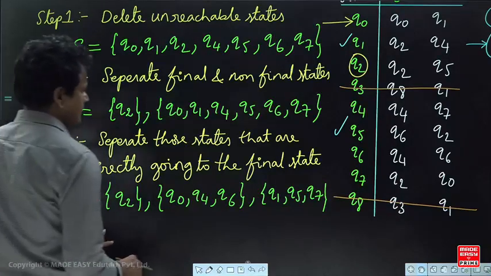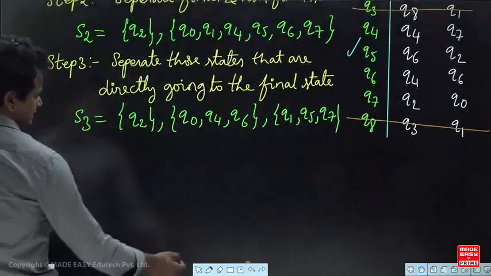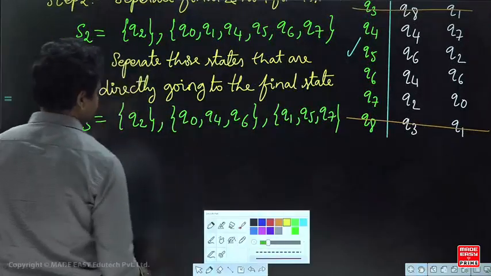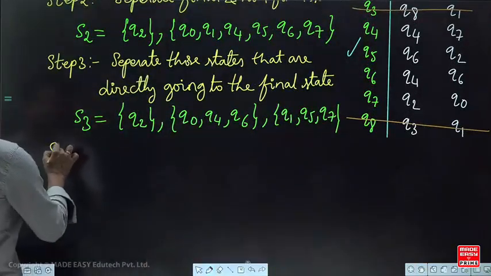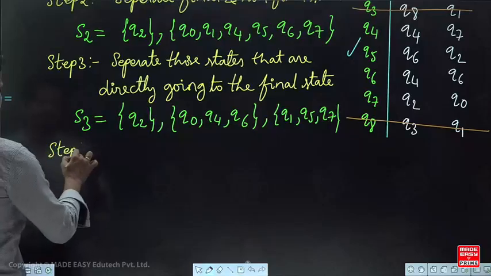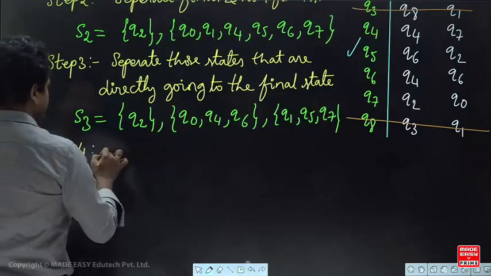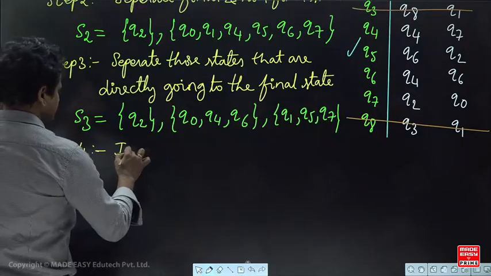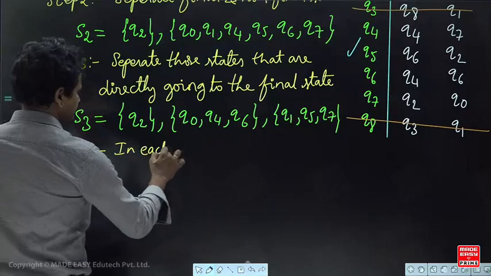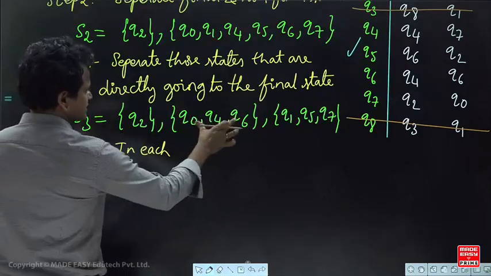Okay, next one. Next, step 4. This is the main point. Step 4, main point. In each set, means this is one set, this is another set, this is another.